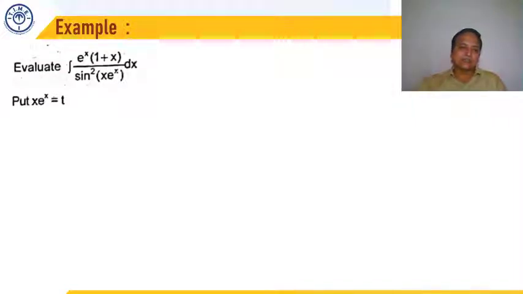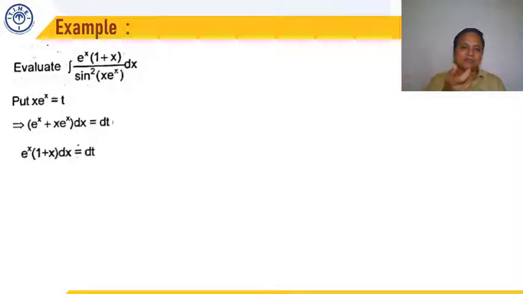Differentiate this expression with respect to x, we get, now left hand side we have to apply product rule, e to the power x into differentiation of x, which is 1, plus x into differentiation of e to the power x into dx is equal to dt. Now this left hand side is actually comprised of the numerator.